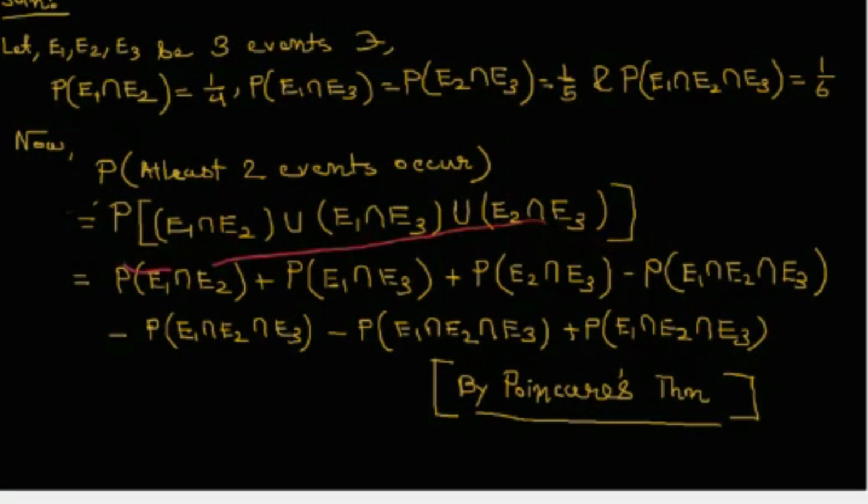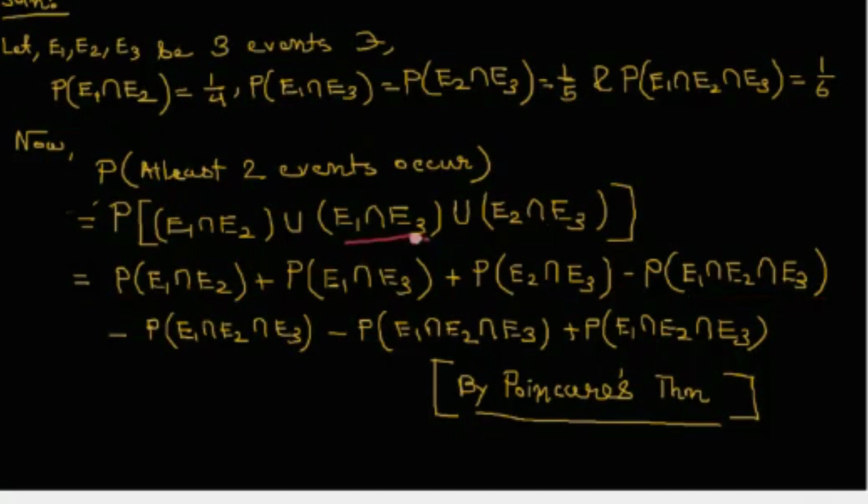This means the probability that at least one of these events will occur. If we expand it by Poincare theorem, we get probability of E1 intersection E2 plus probability of E1 intersection E3 plus probability of E2 intersection E3.